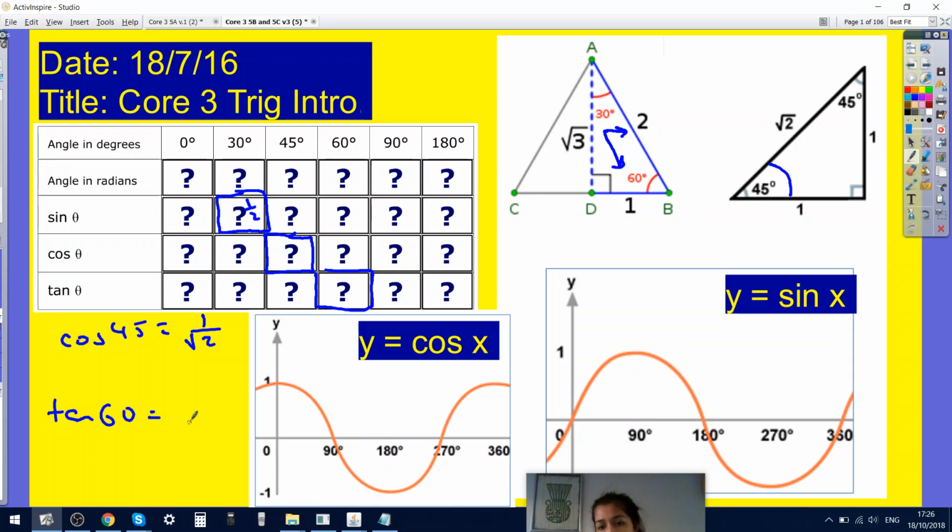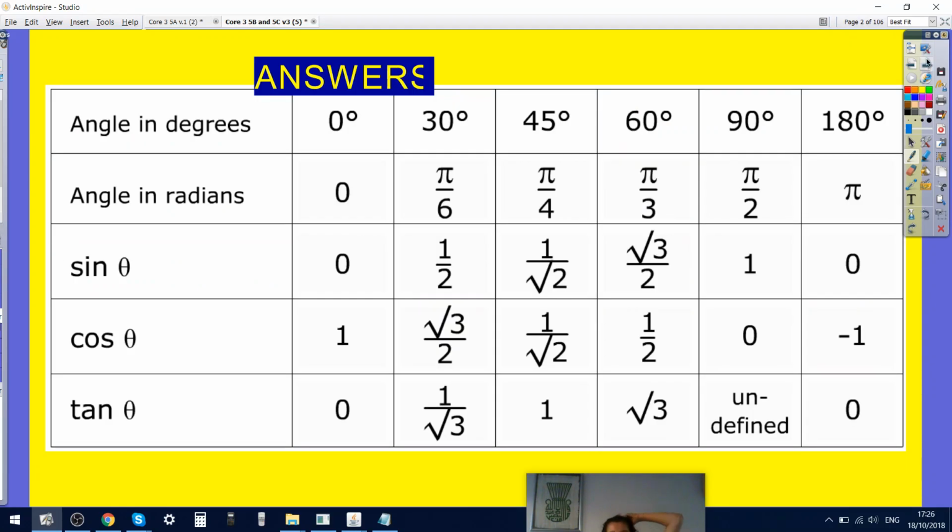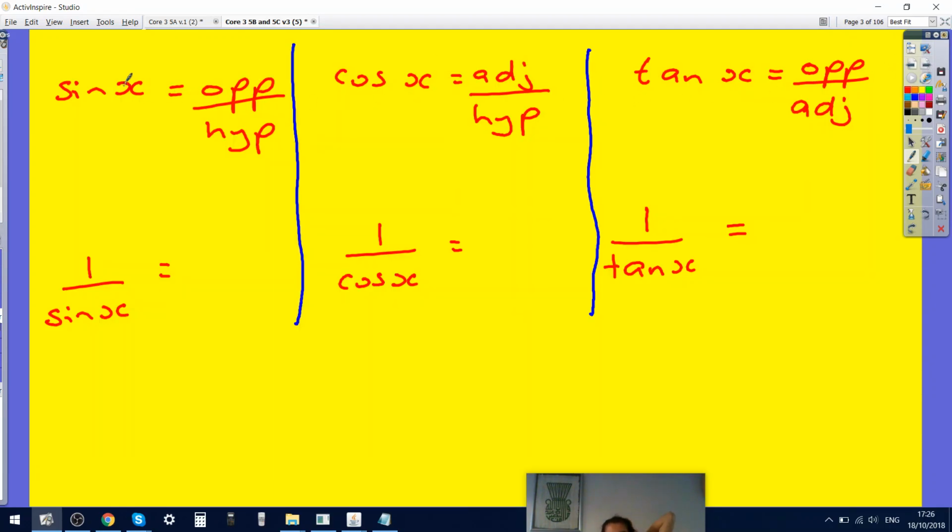So opposite is root 3. Adjacent is 1. So root 3 over 1 or just root 3. Okay, so that's where these exact trig values come from. And you can also use the diagram like the sine of 180 is 0, that type of thing.